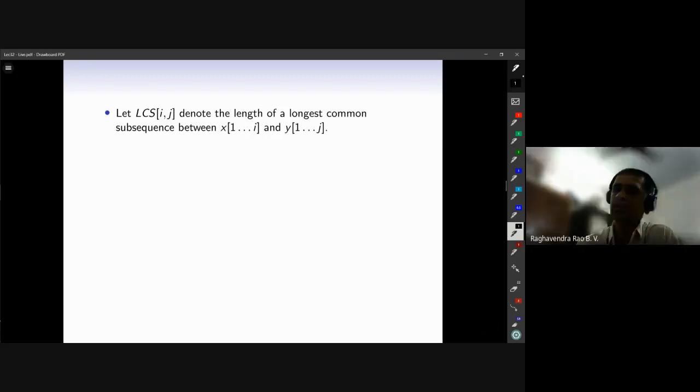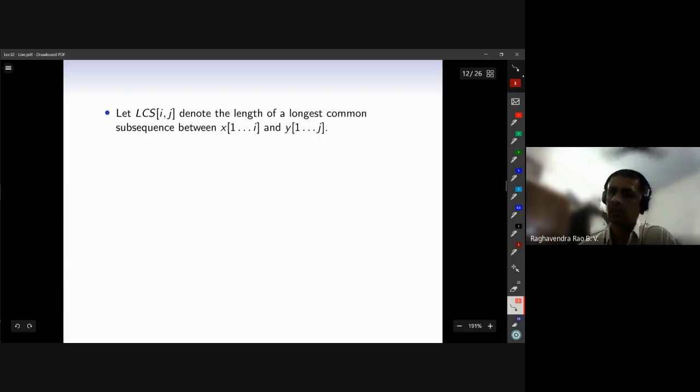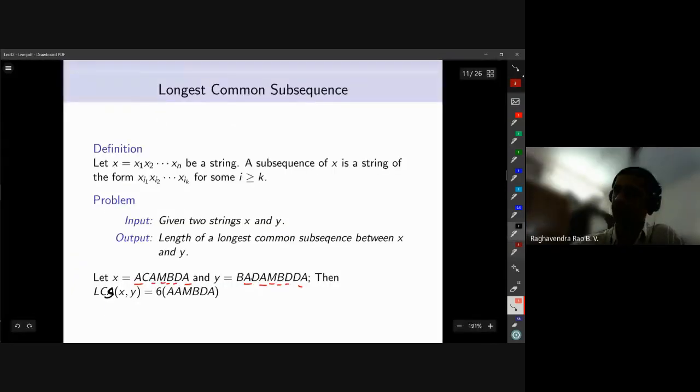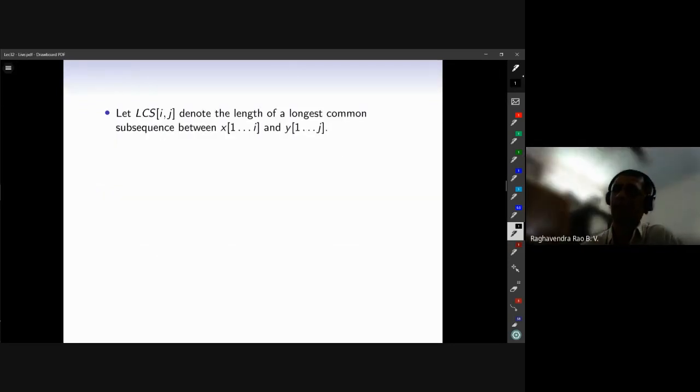That is, you consider the prefix of x from character 1 to i, and the prefix of y from character 1 to j. So LCS(2, 3) means you consider the first 2 letters of x and the first 3 letters of y. This value represents the length of the longest common subsequence between these prefixes.